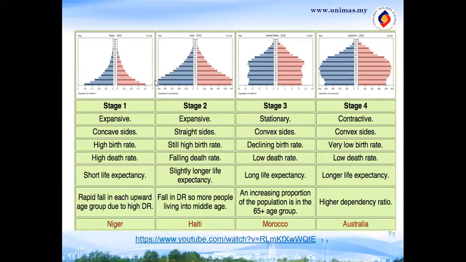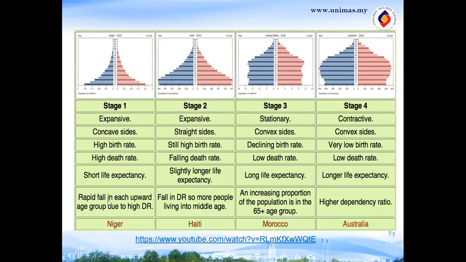This one concave, curve there. Ini convex sides, some more convex. But never mind about that shape. So this is high birth rate, high death rate. Seperti yang saya tunjukkan awal tadi lah. Compared to on this side, we have very low birth rate, low death rate.